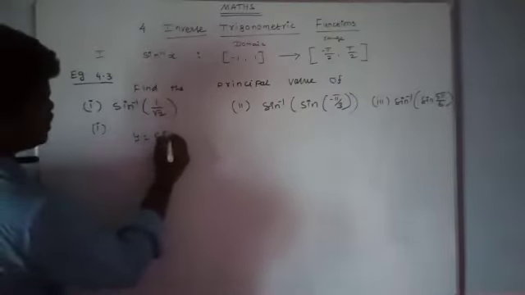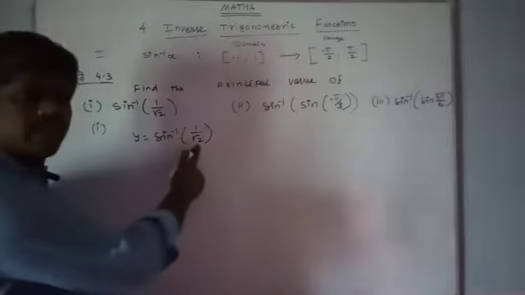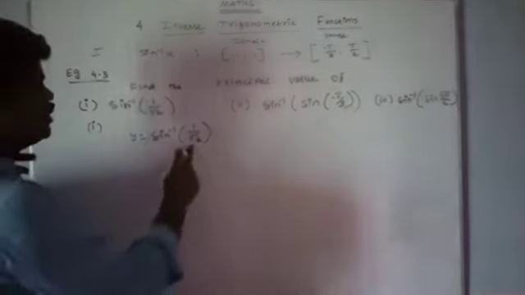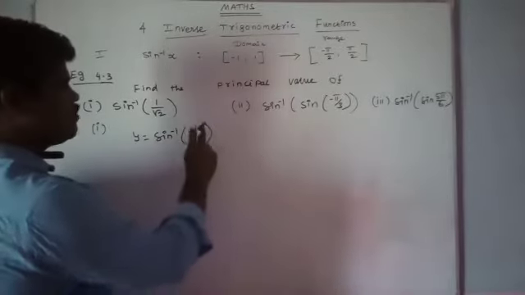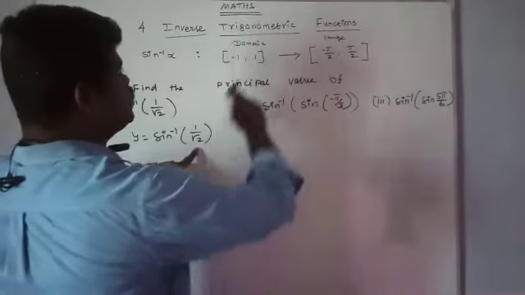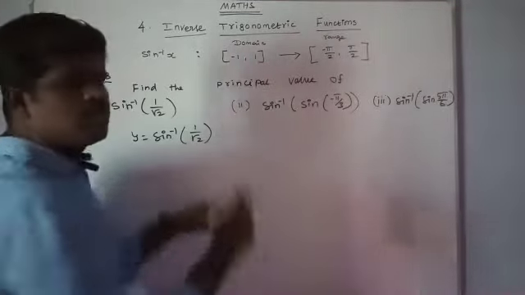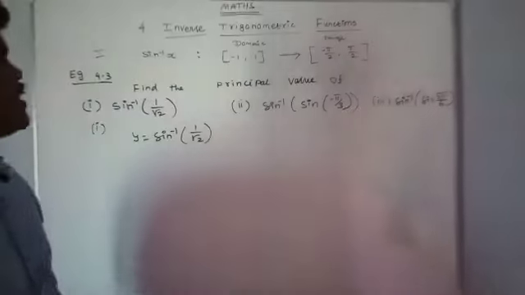First let us take the first one. Let y is equal to sin inverse of 1 by root 2. First we want to check it. Already I told, sin inverse of minus 1 to 1: if 1 by root 2 lies between minus 1 to plus 1, it exists, otherwise it does not exist.